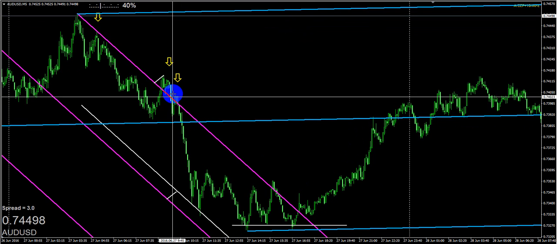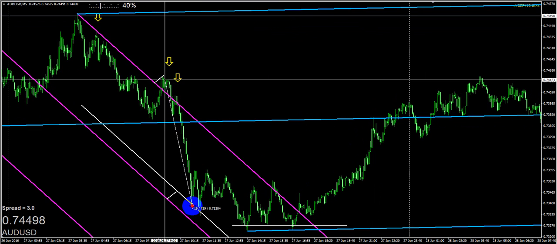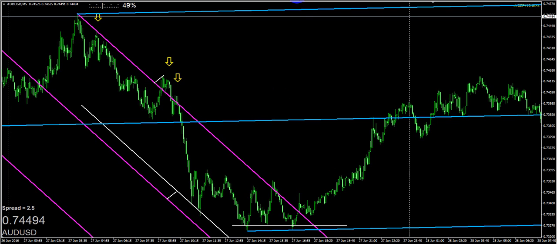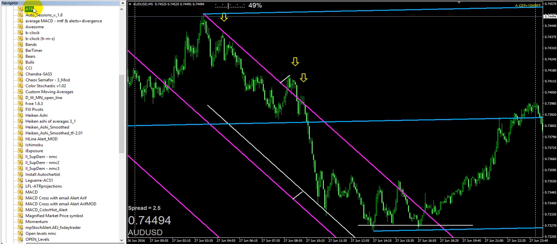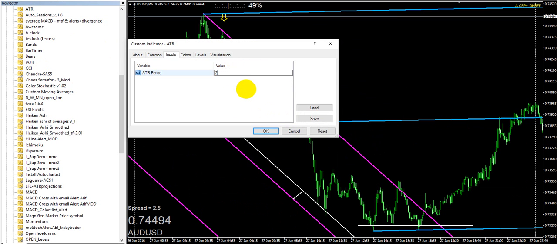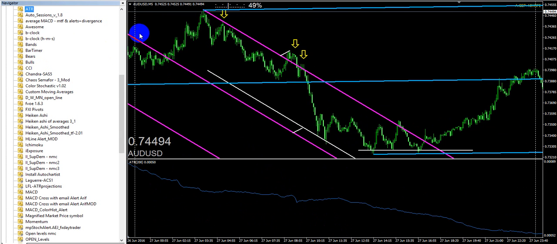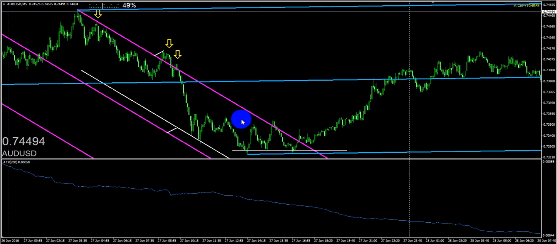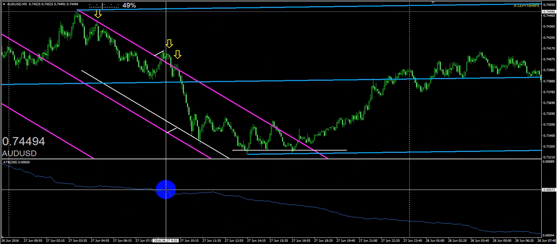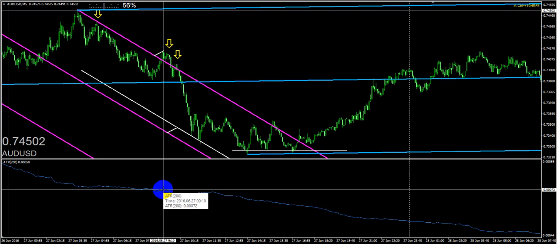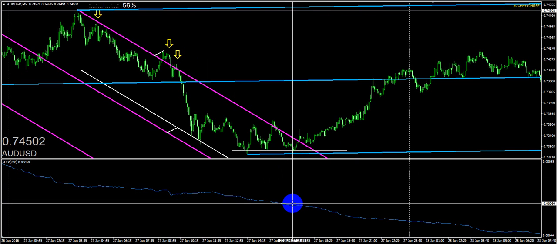So here to here would have been about 73 pips with very low risk, probably using the average daily range of 200. You would have had 1.3 times 200, which would be about 10 to 15 pips risk on this, and 10 to 15 pips on this one.